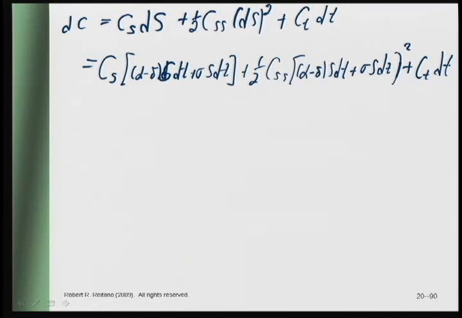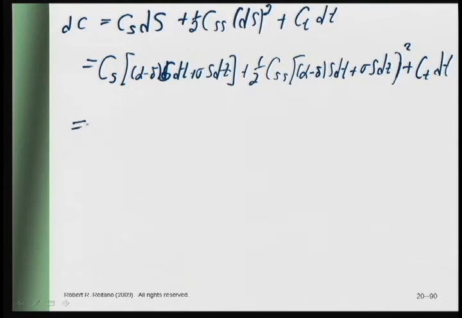Now, it's when I square this middle term that I'm going to use the rules that if I have a dt squared, I can throw it away. If I have a dt dz, I can throw those terms away because they have a high exponent of dt greater than 1. The only term out of this square I need to keep in the final formula is the second term squared.